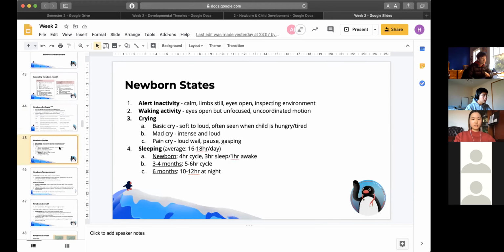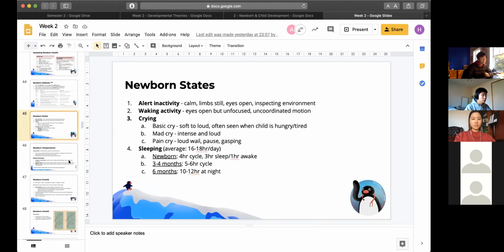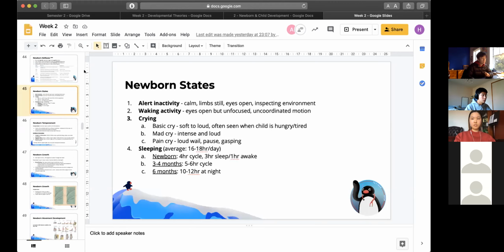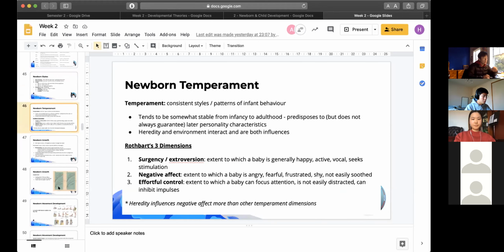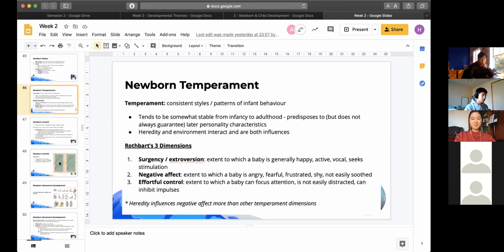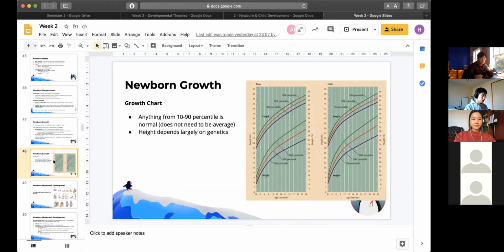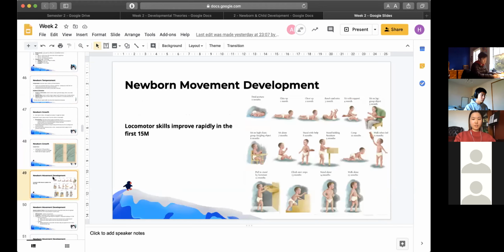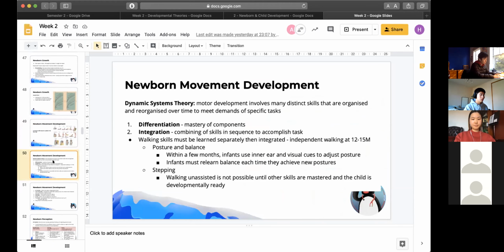Okay, can I skip some of this because I don't want to go on for too long. A lot of this, guys, is what you can just read yourself, I will say. Newborn growth, newborn movement development.